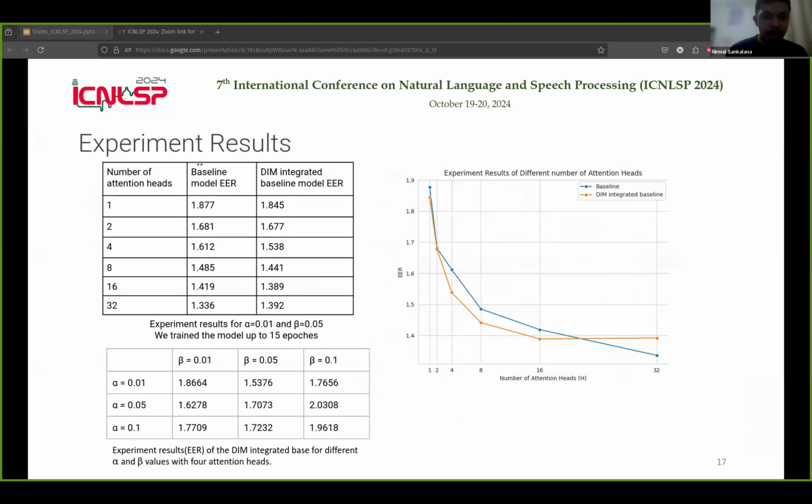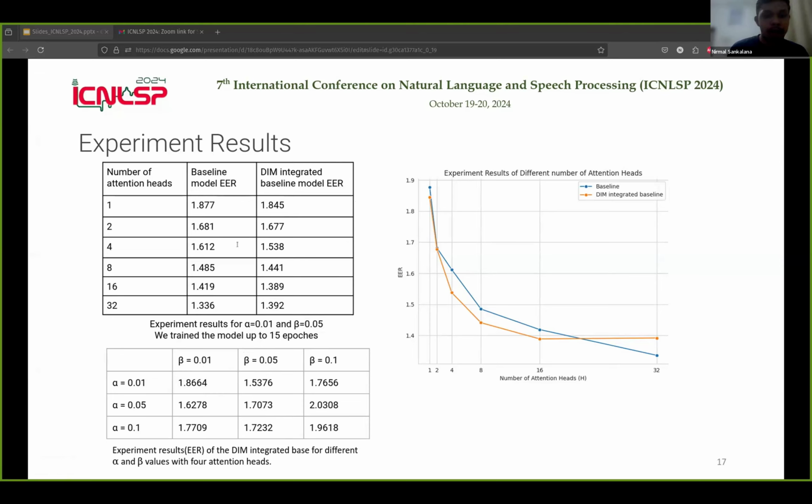We compared our results with the baseline model and with the DIM integrated baseline model, with different attention heads. Up to the 16th attention head, our proposed model got a lower equal error rate compared to the baseline model. When it comes to hyperparameter tuning, we tried different alpha and beta values, and for alpha equals 0.01 and beta equals 0.05, we got the best results.